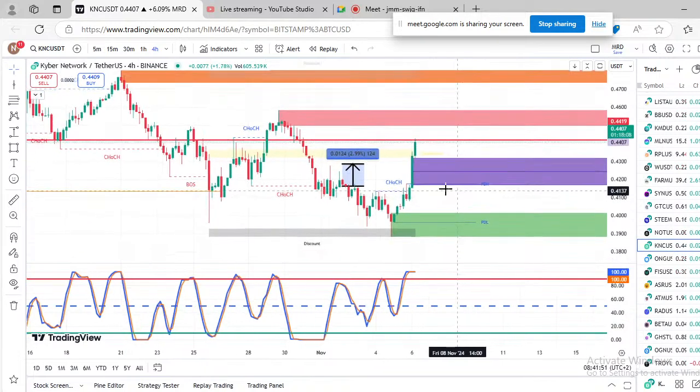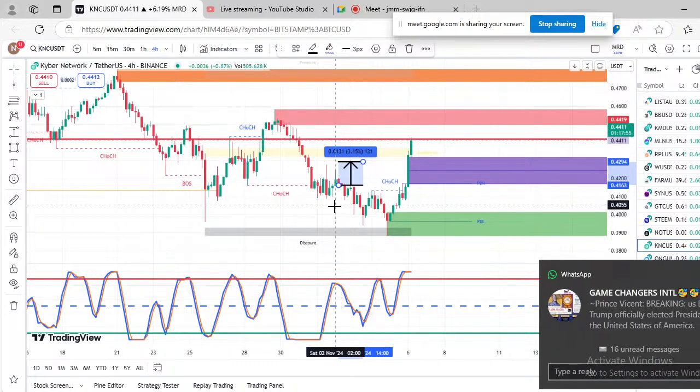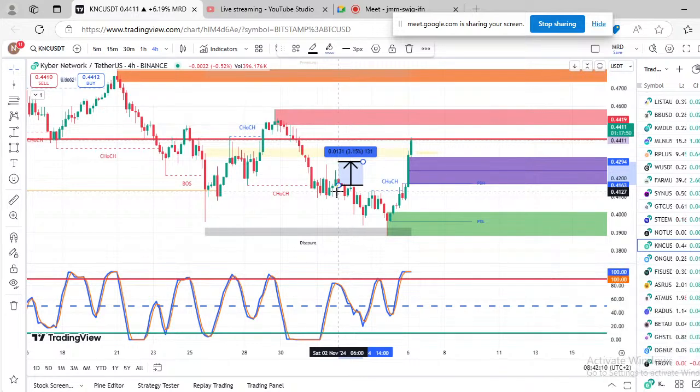Look at this. I shared this coin sometime back. Let me see, I shared it at this point. You see, these lines were at the resistance, and at the same time it was in the overbought region.